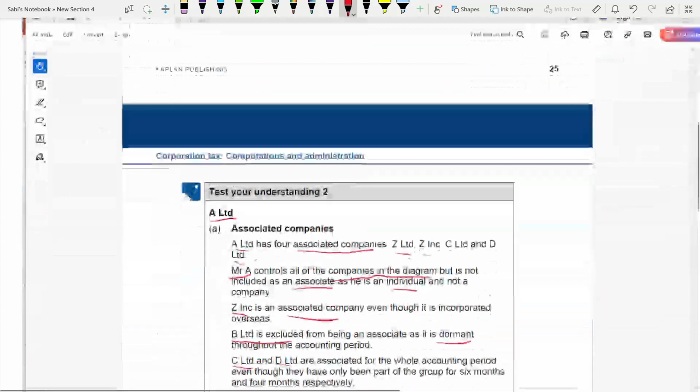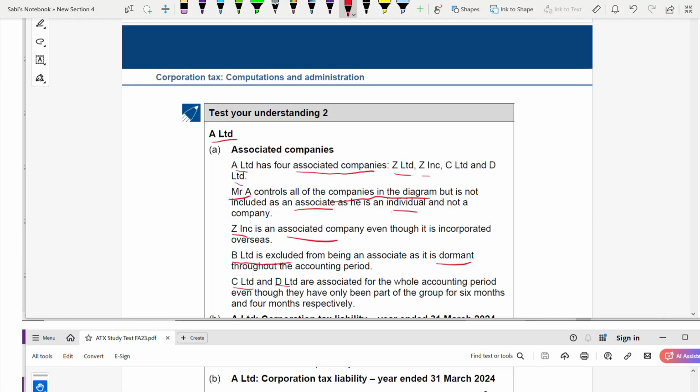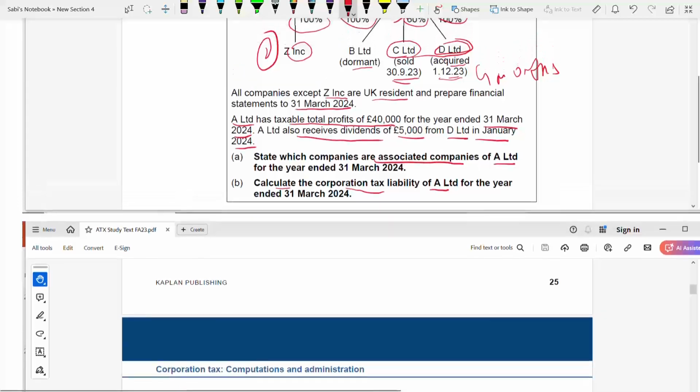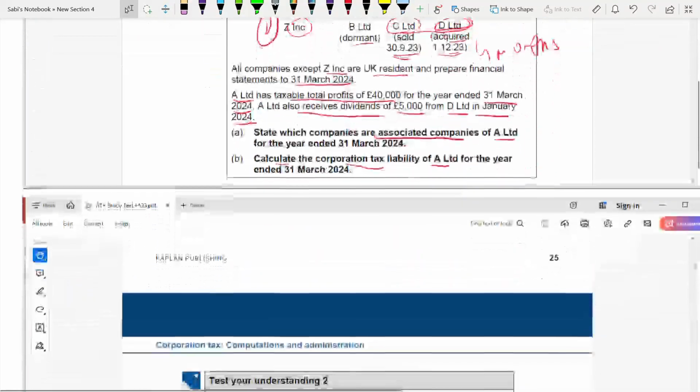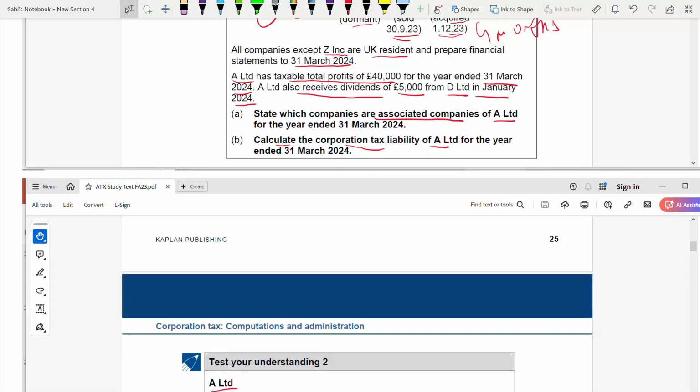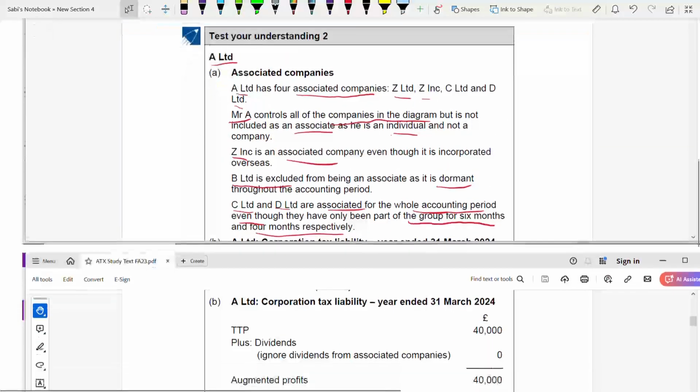So here, they are associated for the whole accounting period, even though they have only been part of the group for 6 months and 4 months respectively. Even though they have been acquired or sold in between, you have to take the whole accounting period. Normally you would have time-apportioned, but no, you have to take it as the whole. So it's 4. Now you have to divide your threshold by 4 because there are 4 associated companies. So now we'll calculate.